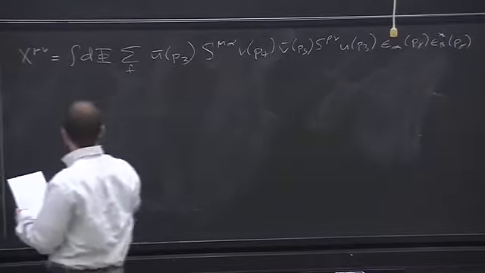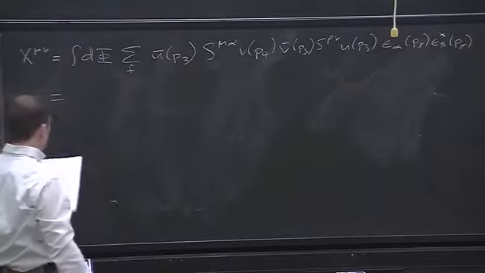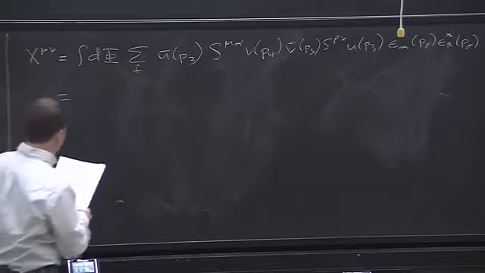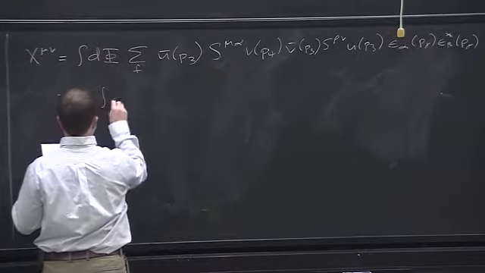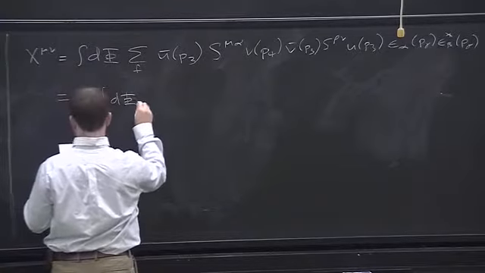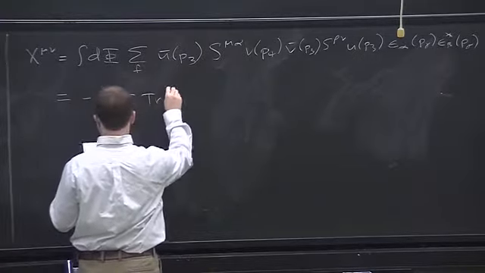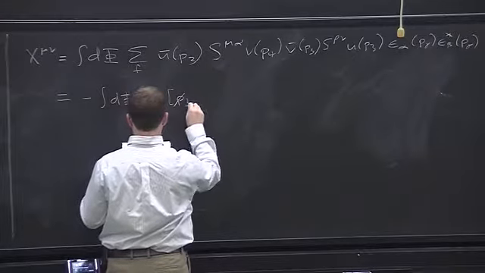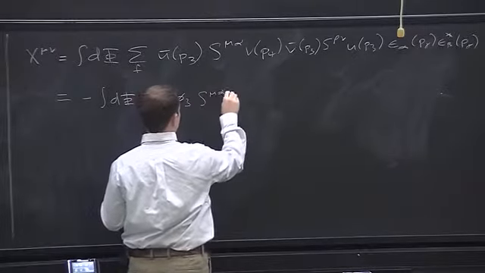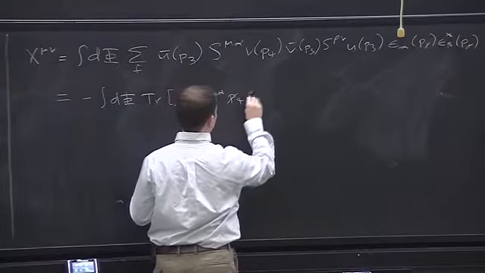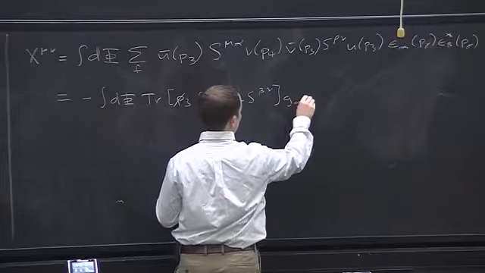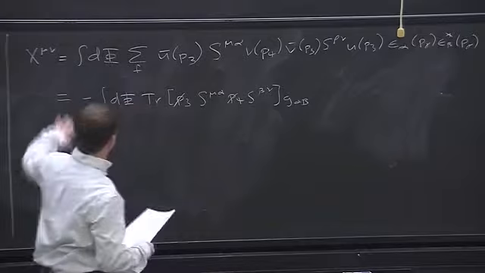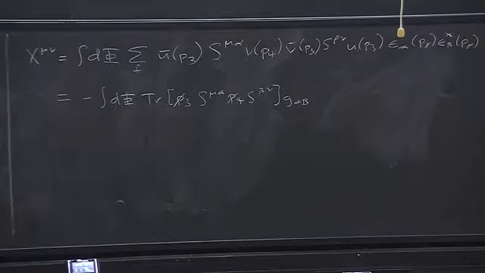And using the familiar tricks, we can just write this as integral over the phase space of a trace of p3 slash S mu alpha p4 slash S beta nu g alpha beta. Just if we do the sums over the spins, we get the trace.